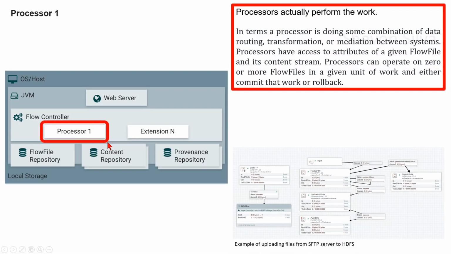In terms, a processor is doing some combination of data routing, transformation, or mediation between systems. Processors have access to attributes of a given flow file and its content stream. Processors can operate on 0 or more flow files in a given unit of work and either commit that work or roll back.